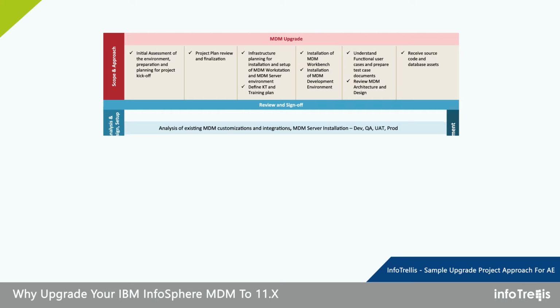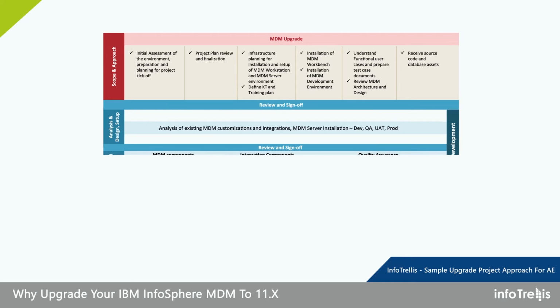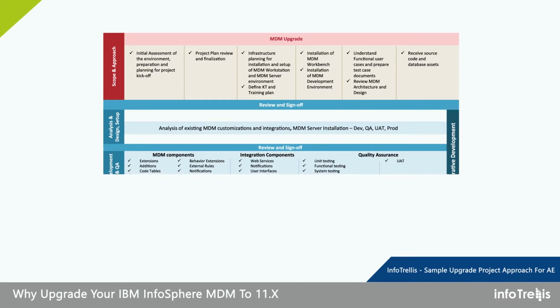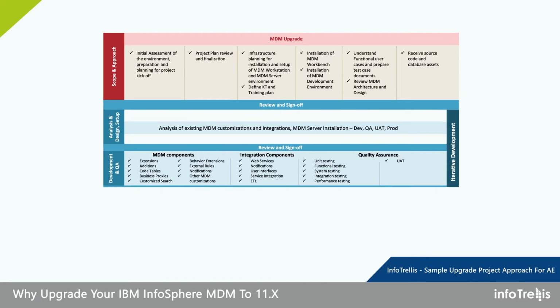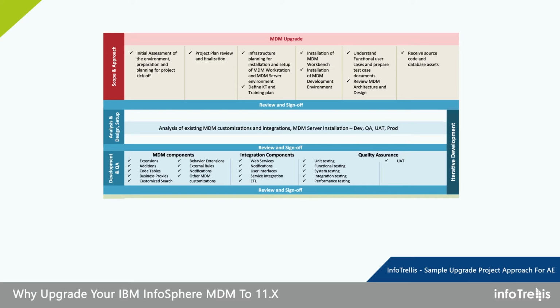The phases mentioned in blue are executed iteratively, under which an analysis and design of each MDM service is completed, along with a clearly documented test strategy, which will include a defined scope of testing, a test plan, and entry and exit criteria. Once the client signs off on the test strategy, test scenarios and test cases are created for validating each customization.